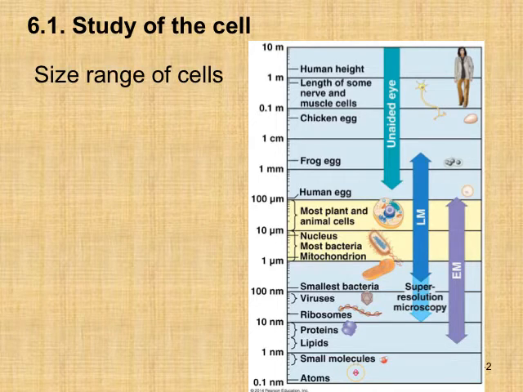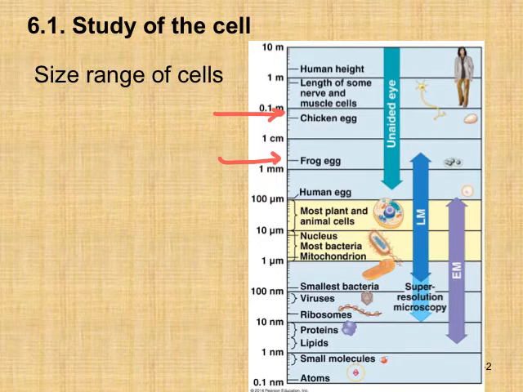Cells range in size, and some you can see without a microscope, with the unaided eye. You can see here, for example, that a lot of eggs are visible, like the chicken egg here. With our naked eye, frog eggs, if you look carefully in a pond, you might see a cluster of these.